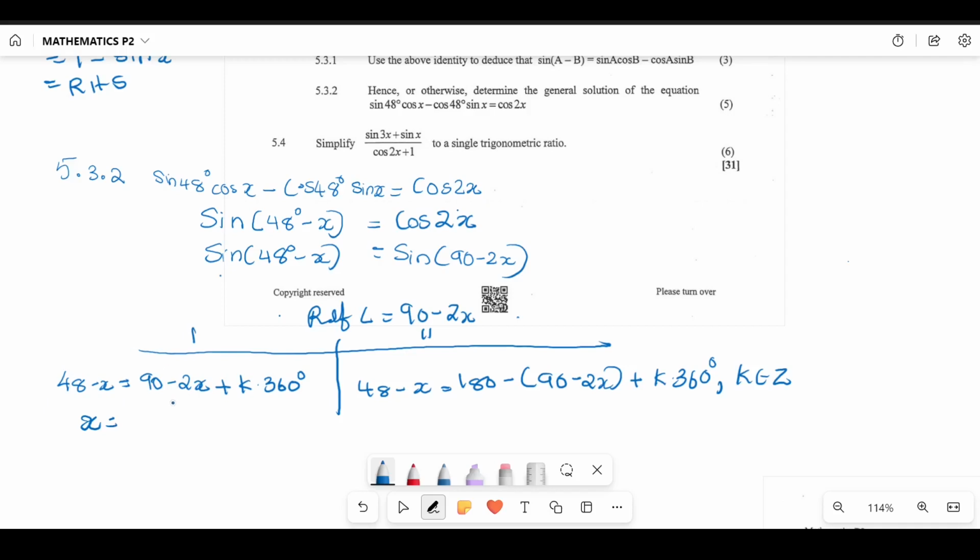Then bring the 48 to this side, 90 minus 48 will give you 42 degrees plus k 360. That is one answer, k element of Z. There are no more simplifications.